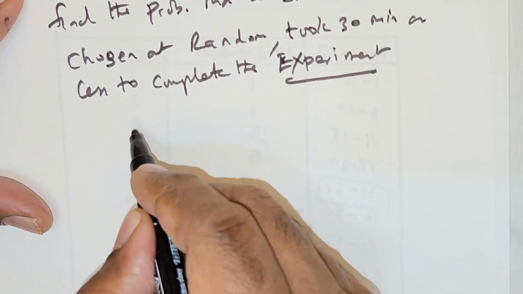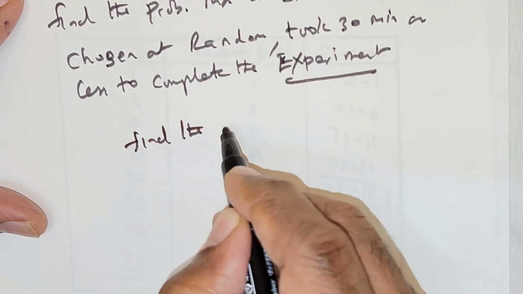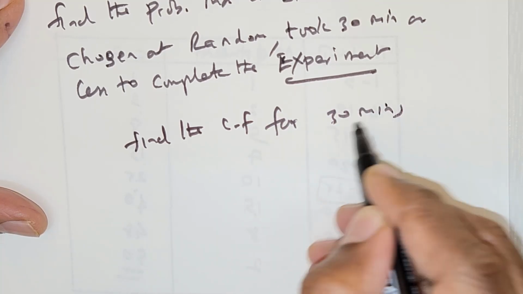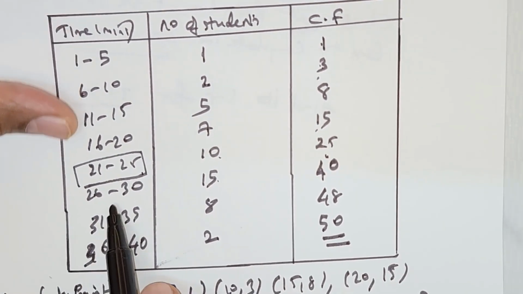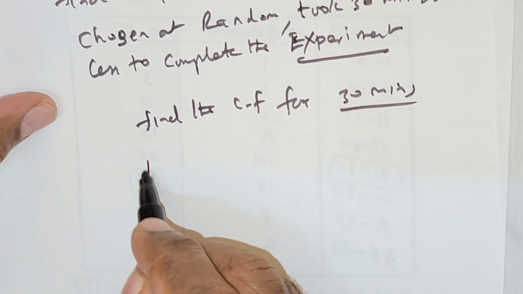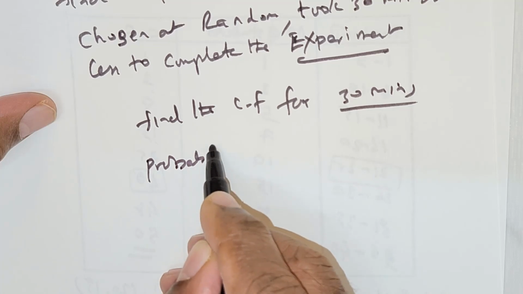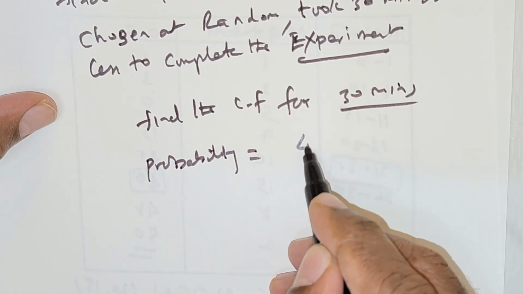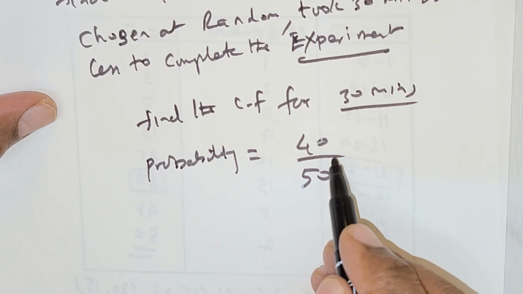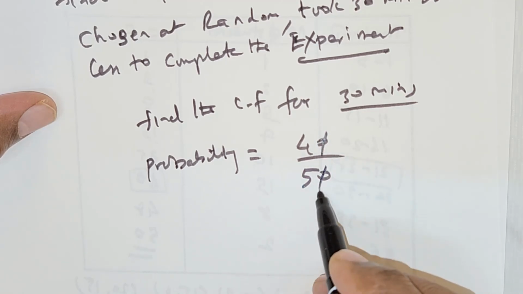So what we have to do is, you have to find the cumulative frequency for 30 minutes. The cumulative frequency for 30 minutes is 40. So probability is going to be 40 divided by 50. So what is this?